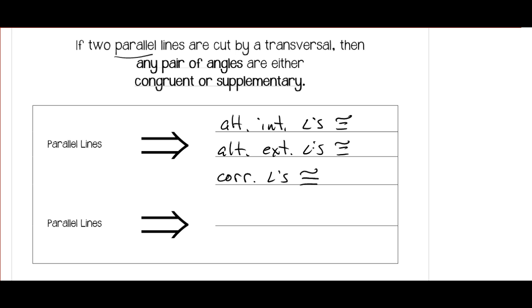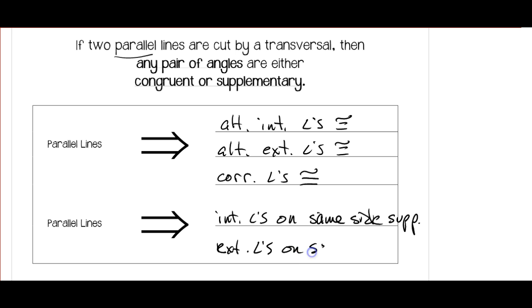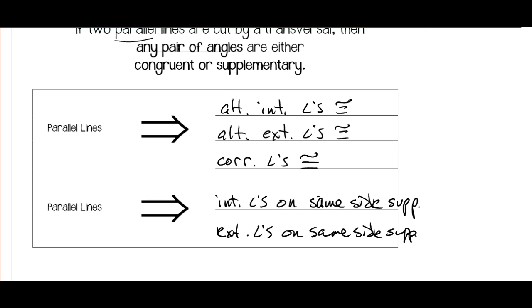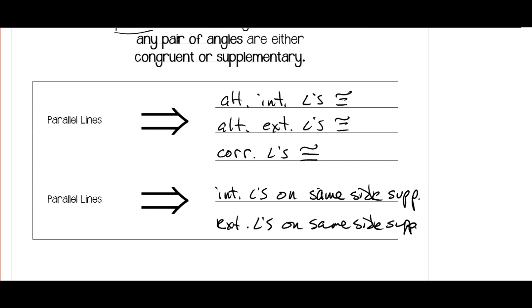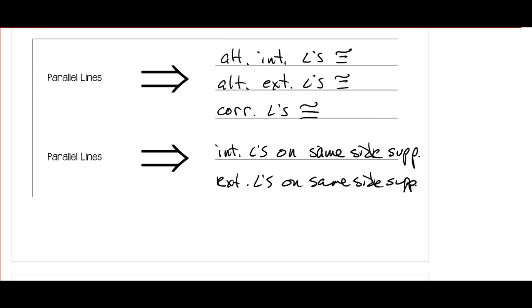And then for the supplementary ones, parallel lines are going to give us interior angles on the same side of the transversal supplementary, or exterior angles on the same side supplementary. Okay, so if we've got two parallel lines and they're cut by a transversal, then we know a lot of information.